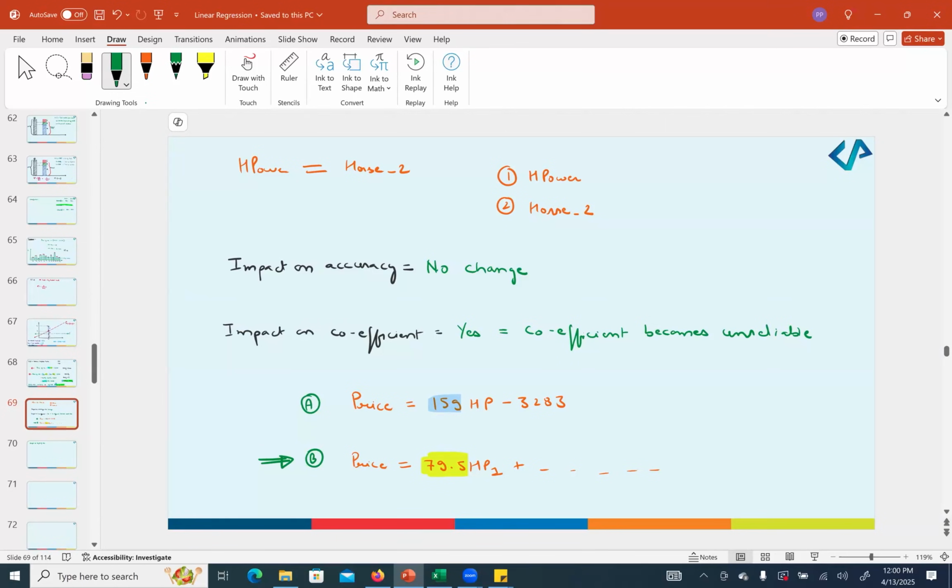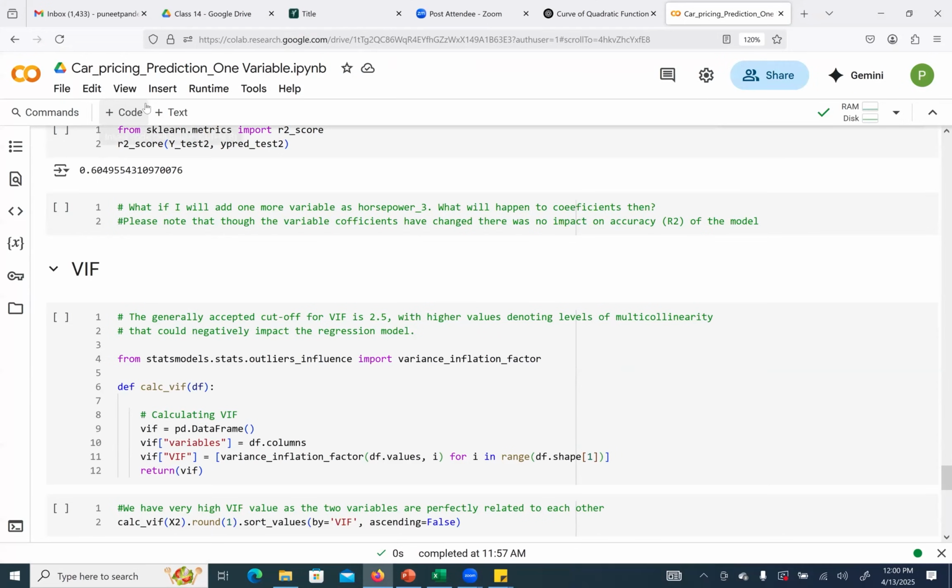To identify such variables that we should remove to make sure the coefficients are more reliable and more accurate, we use something called VIF. VIF is going to identify those variables which are correlated with each other, and it will tell you to drop this particular variable, this variable is not needed.